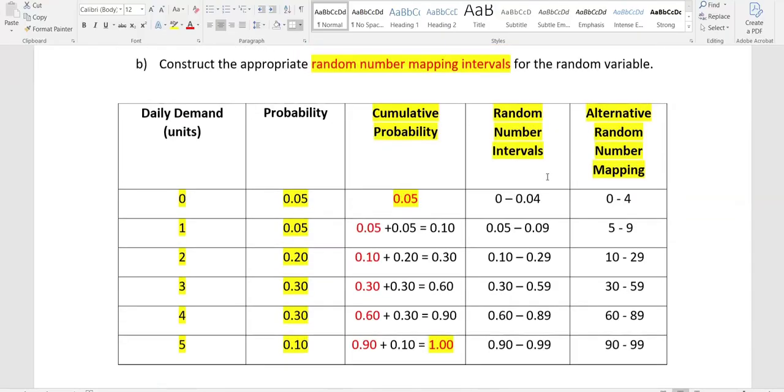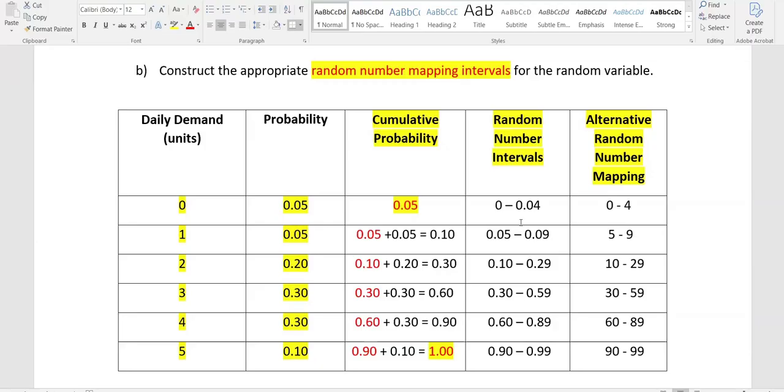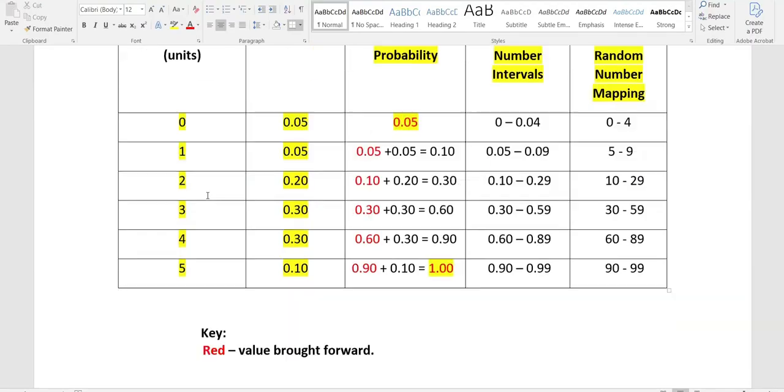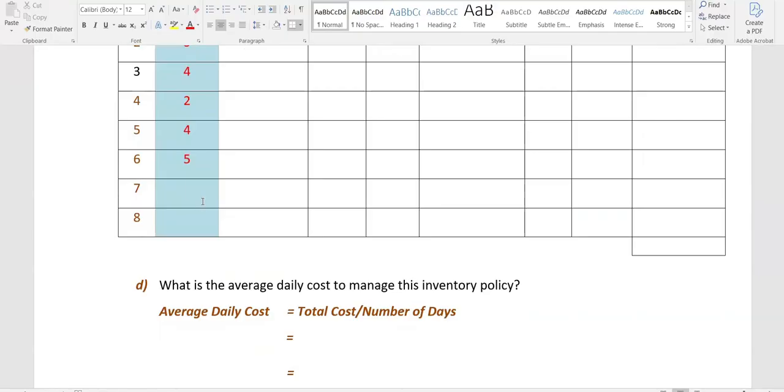Go back up to the random number intervals and look for the interval that 2 falls in, which is between 0 and 4 here, right? Which has a daily demand of what? 0. Brilliant. Guys, if you're planning to do a simulation, you have to be able to manipulate this kind of question, all right? You normally get a question like this standing alone on simulation.